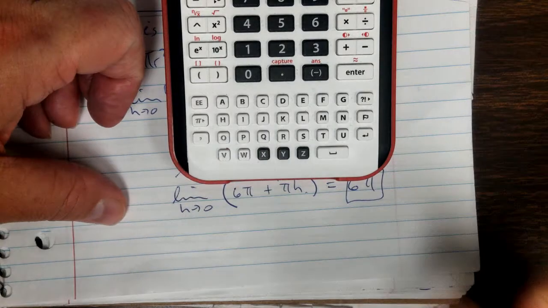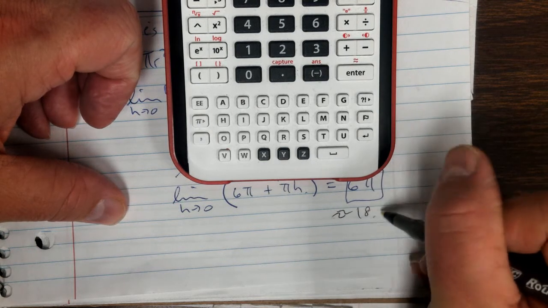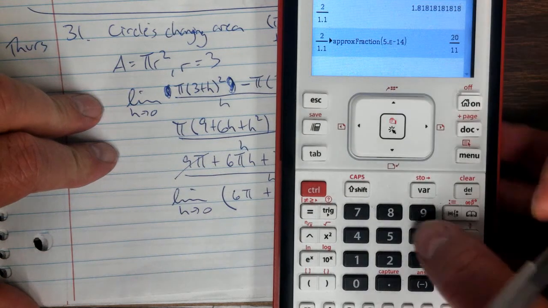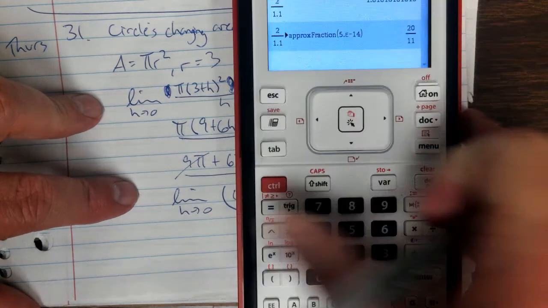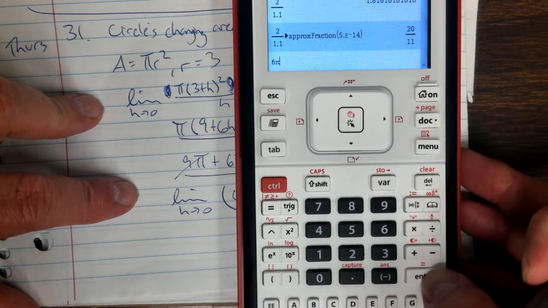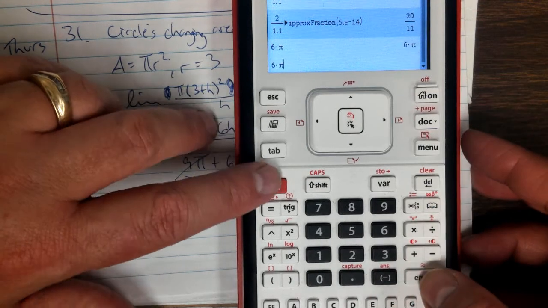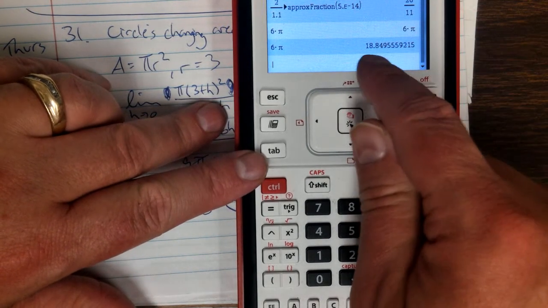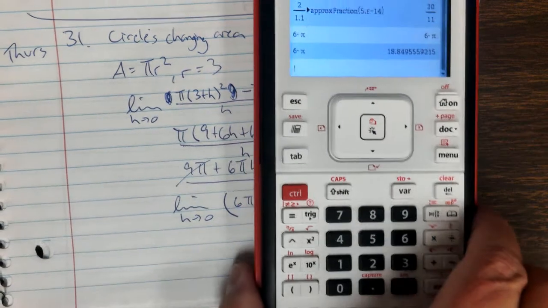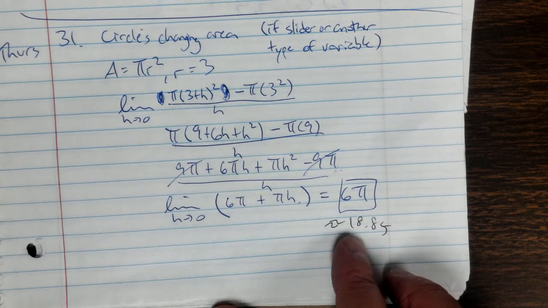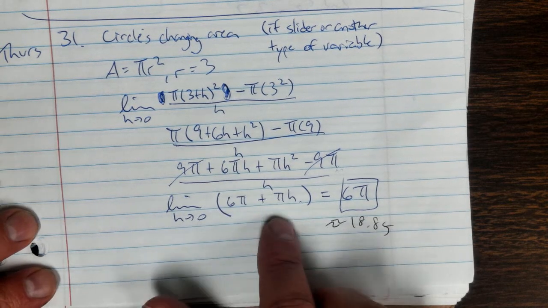So approximately 18.85. And then if I go to the regular calculate screen and do 6 pi, as a decimal, 18.85. So this one, you'd probably have to guess and check with your numbers, or work it out by hand.